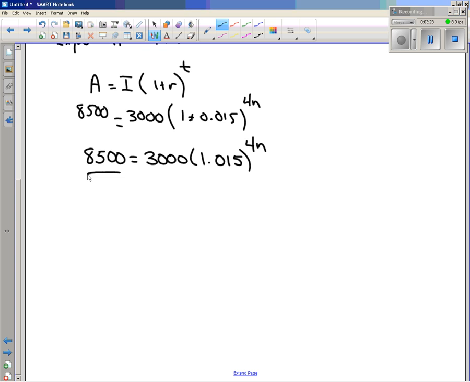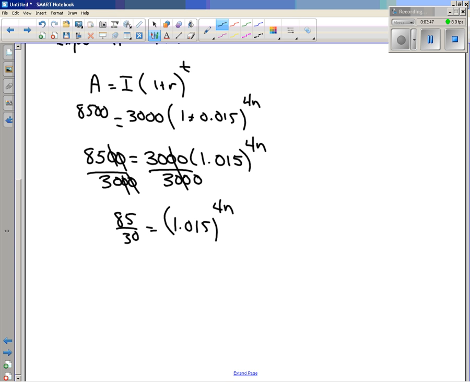Divide both sides by 3,000. These ones are going to cancel out. We can knock off a couple zeros here, and we have 85 over 30 equals 1.015 to the power 4n.